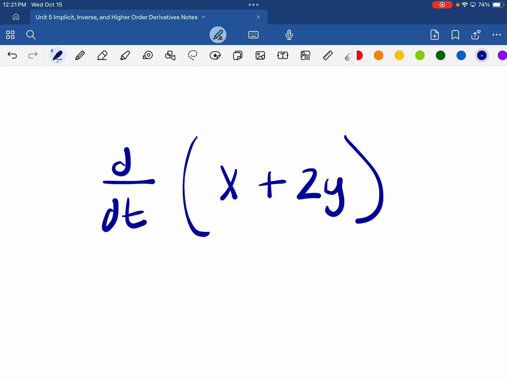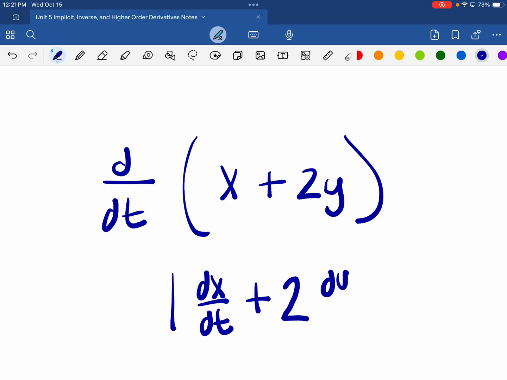So when you're differentiating in terms of time, everything is going to get a d something. So if I differentiate x, what's the derivative of x? 1. And so I would put 1 dx dt. Because now I'm differentiating in terms of time, not in terms of x. So the letters don't match up. You've got to put a d whatever. You don't have to do this if you know. Right, yes. And then plus, what's the derivative of 2y?